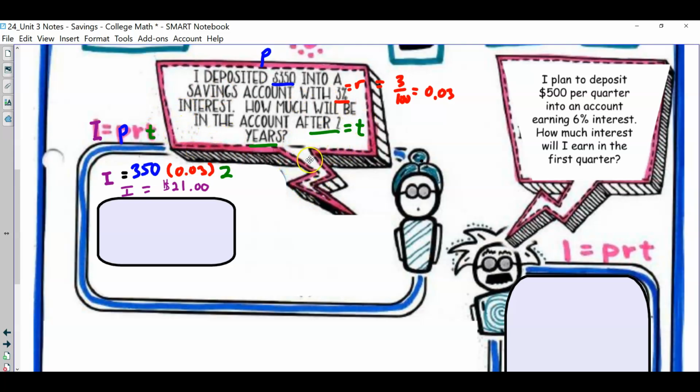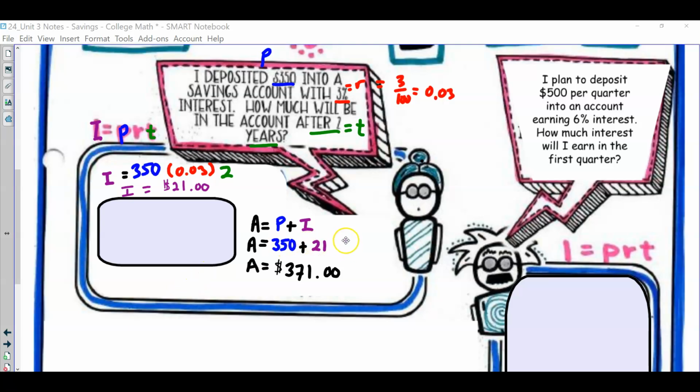How much will be in the account after 2 years? So if you said no, you'd be correct, because this is actually the interest amount. That's not the total. So remember, to do the total, we had to add the interest, which is the $21, plus the principal, which we said was $350. So by adding those two together, now we have her answer.